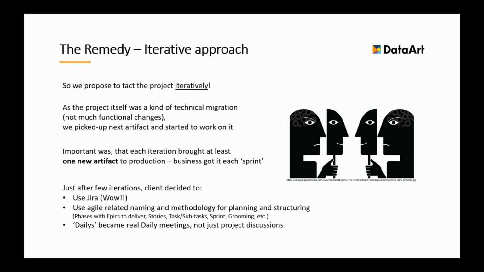We'll do it iteratively, stepwise. As the project itself was a kind of technical migration, not a lot changed in terms of functional requirements, so we picked the next artifact and started to work on it. What was important was that each iteration brought some ready-to-use artifact in production.